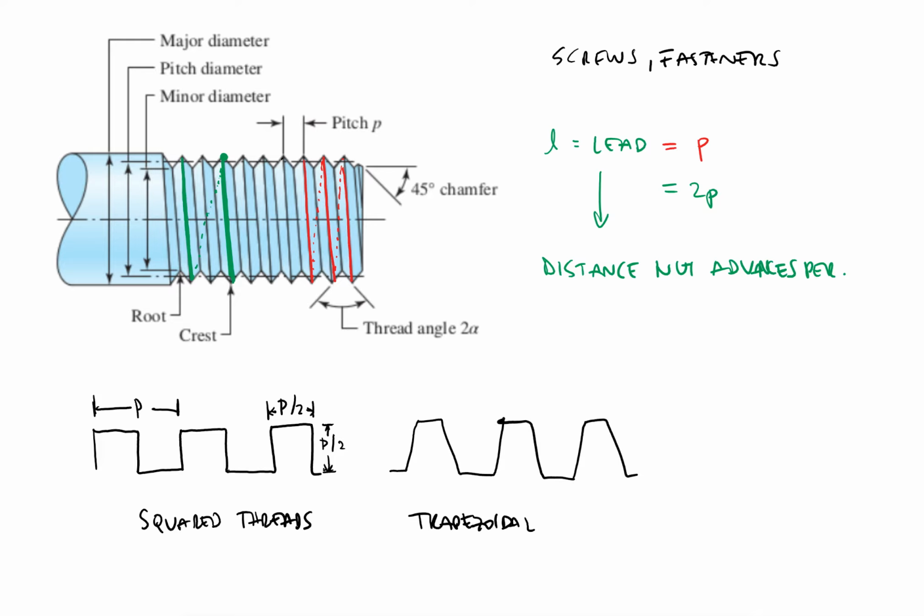One very specific subcategory of trapezoidals is the Acme thread. The only thing important about the Acme is that it's very well defined, so you have values for the angle itself. This is usually referred to as 2 beta, but also the distance between here and here would still be P over 2.